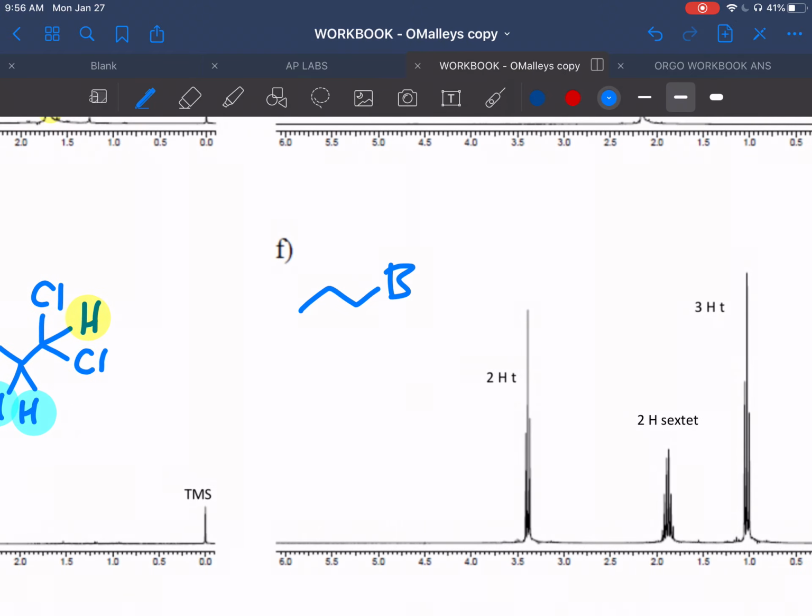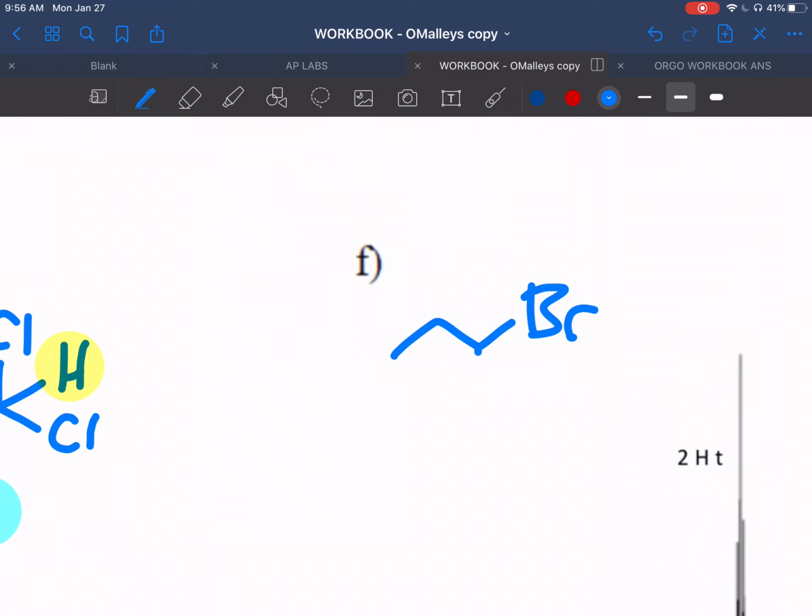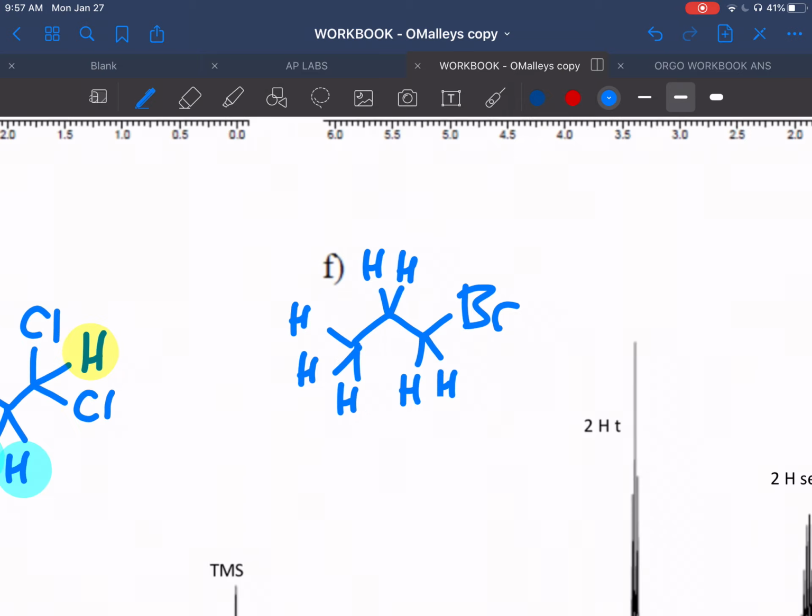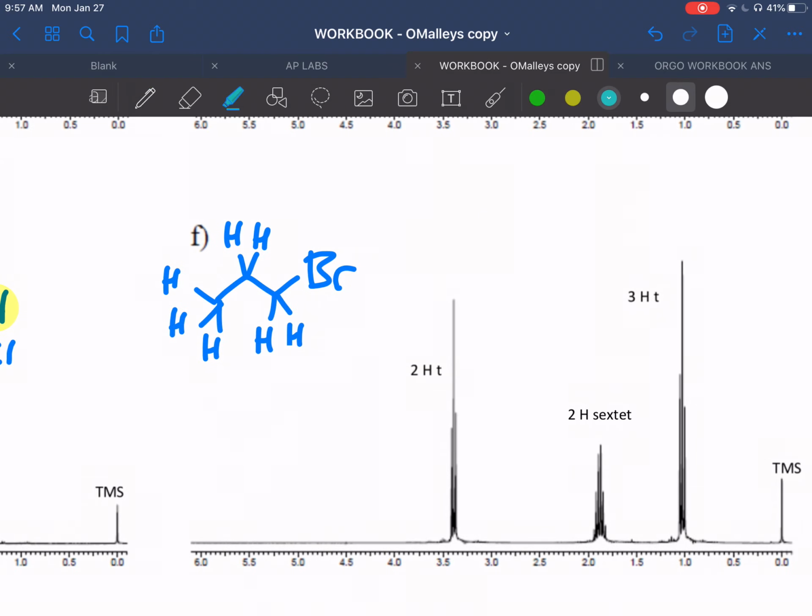Let's draw out the structure for 1-bromopropane, and let's go ahead and fill in the H's and make sense of the integration, the splitting, and the location. Starting with the 2 hydrogens that are right next to the bromine, those must be the most electron poor, so those would be this signal right here. Makes sense that it integrates for 2.